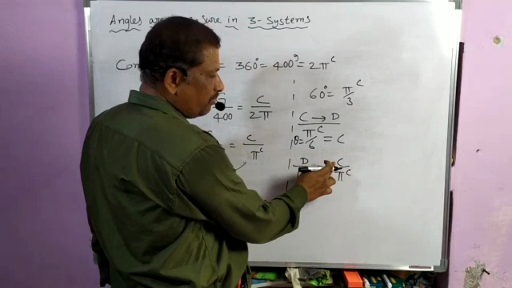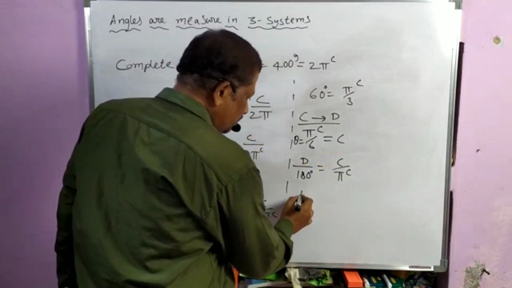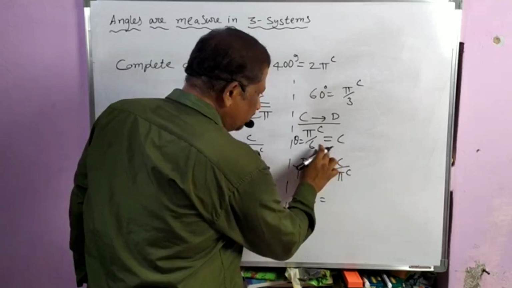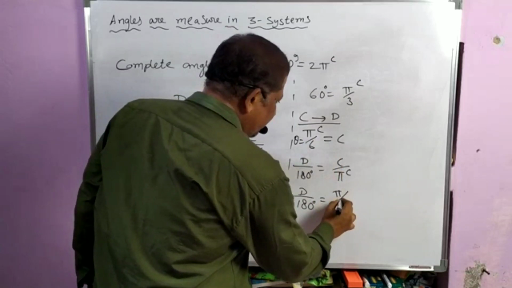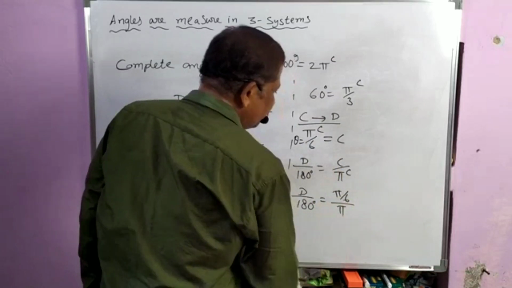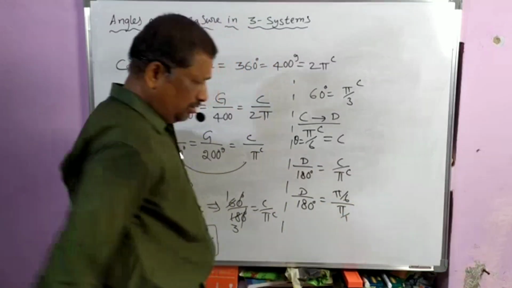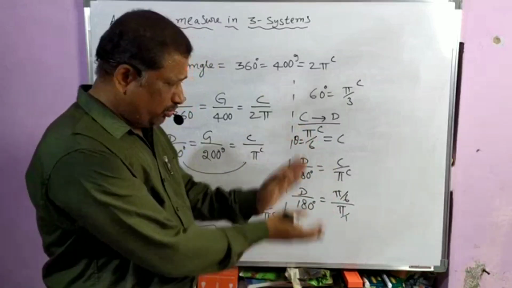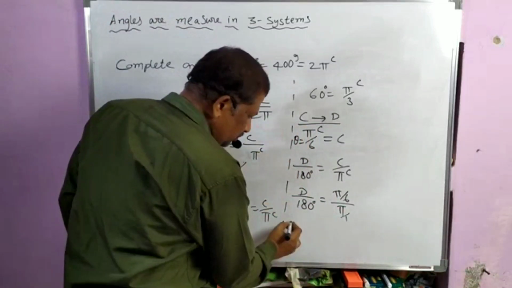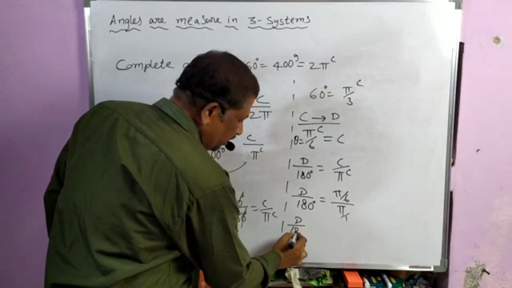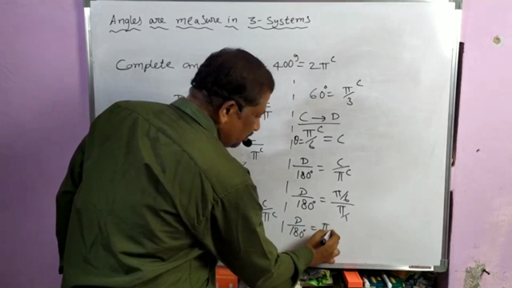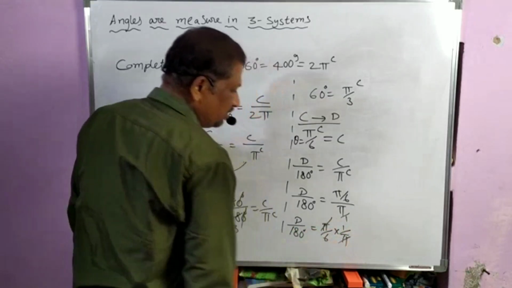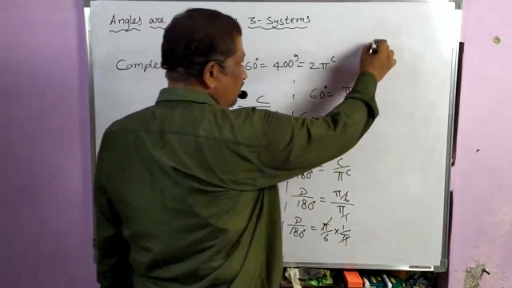At the place of C, we put 5 pi by 6. So D by 180 is equal to 5 pi by 6 divided by pi, which is 5 by 6 into 1 by pi. Pi gets cancelled. Send 180 degrees to that side.